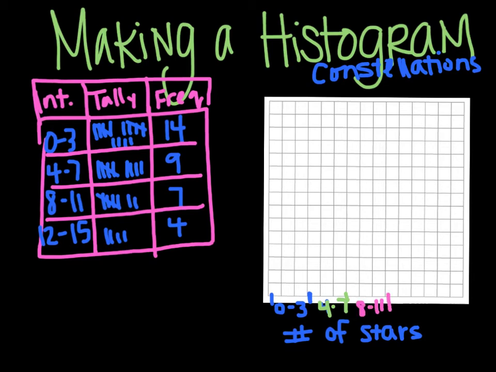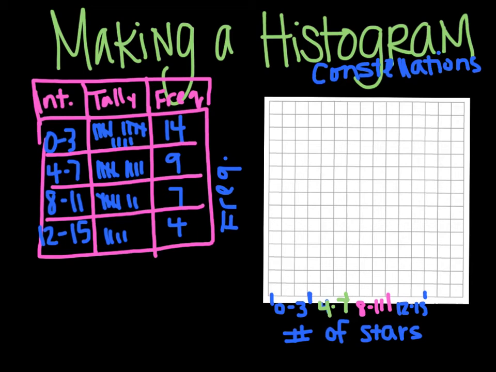And then lastly, 12 to 15 will be here. Okay, so now what you're going to do is this left side, the label for your y-axis is going to be frequency. And luckily for you, it'll always be frequency there when you're dealing with a histogram. And then you just go with the numbers.